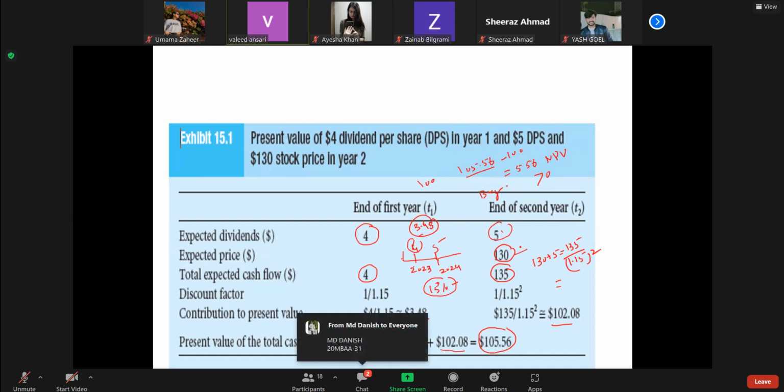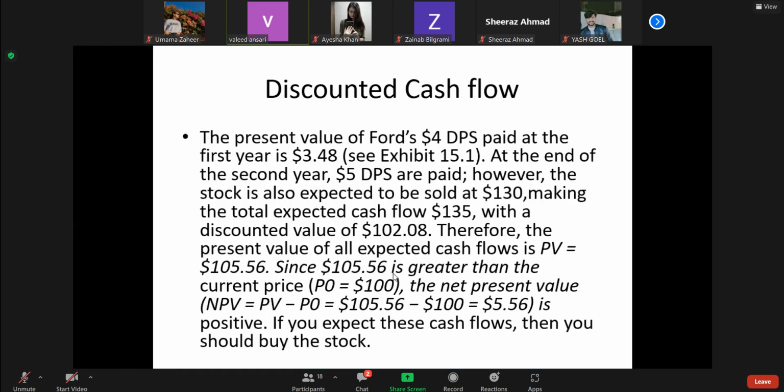So by discounting, we have tried to find out the present value. If you buy now, what is its worth? And naturally, if it is positive, then we should buy it. Otherwise, we should not. So this is what is explained in my slide. I have already explained to you.